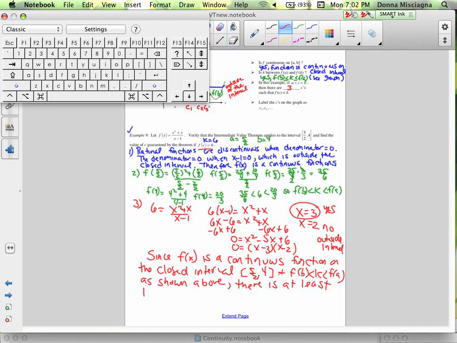Actually, I'm going to write one value c, such that f of c equals k, and c equals 3, since we've got 5 halves is less than 3 is less than 4. And there we go. So there's all the parts.